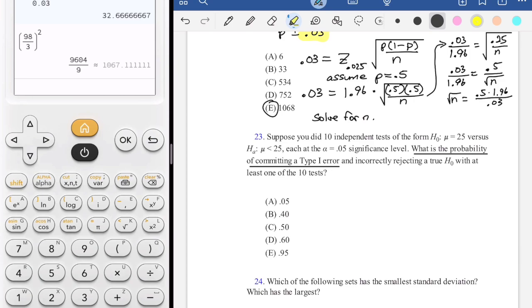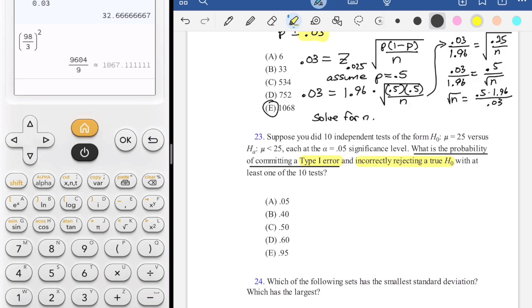So here, they're telling you that a type 1 error is incorrectly rejecting a true null hypothesis. That's kind of nice. If you forgot what the type 1 error is, then that'll help you get past that.